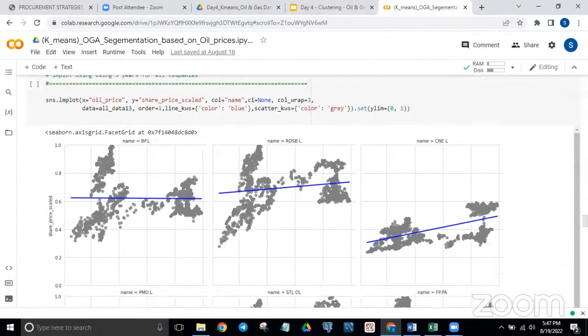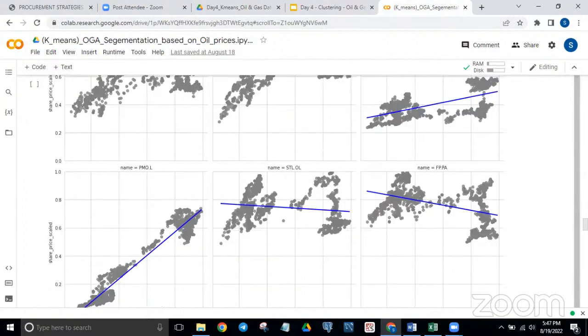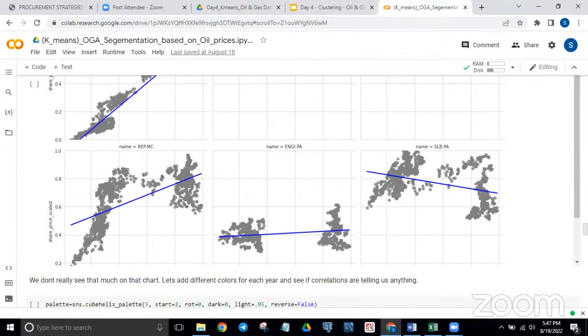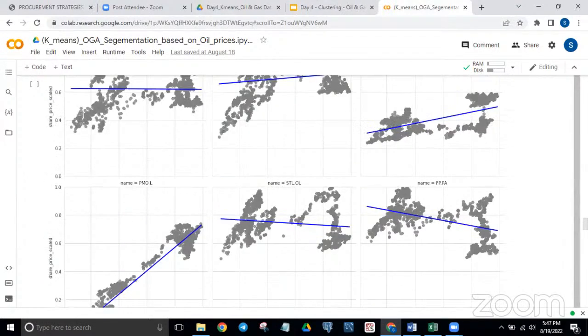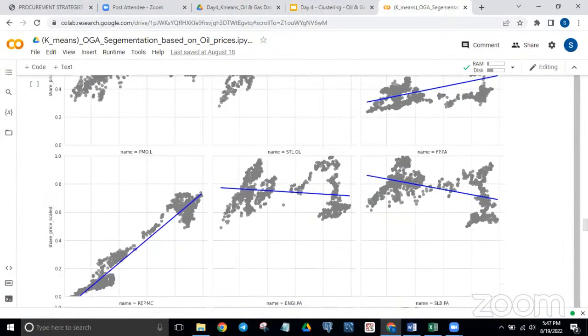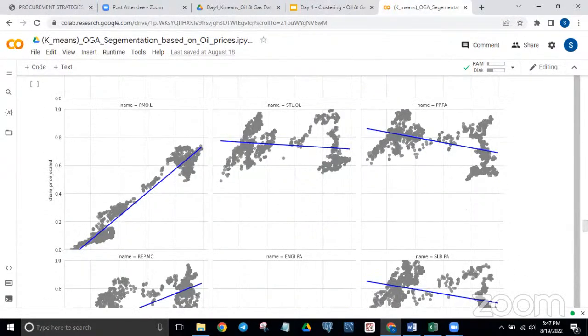So how is my data dispersed? Here I am looking into the share price of each company, what is happening here. How are these values distributed? Is it a normal distribution or what is happening here? That is very important. In case of PMO, I can see some normal distribution here.